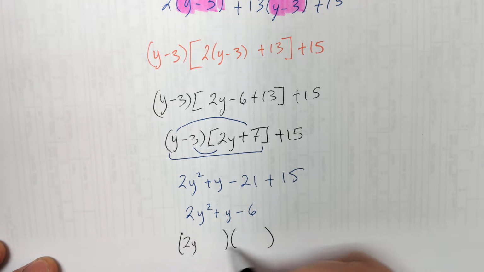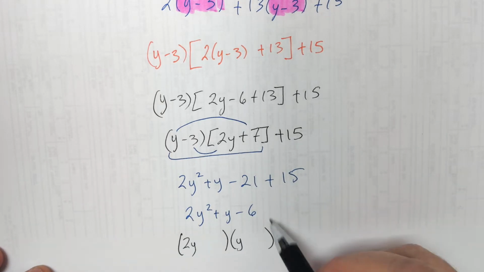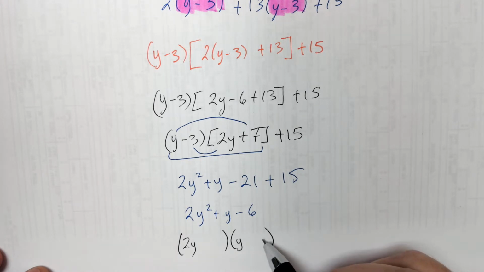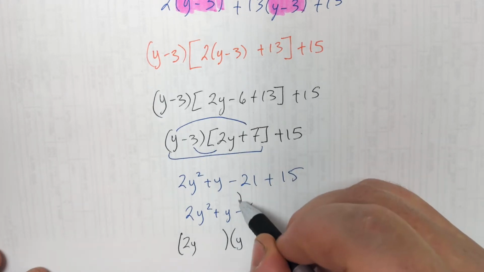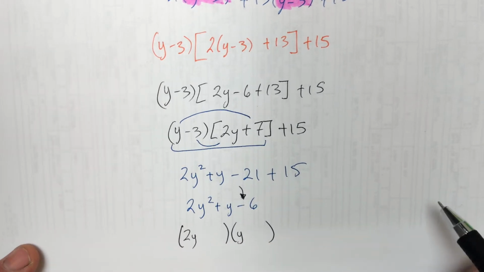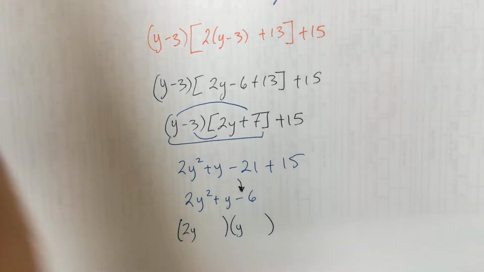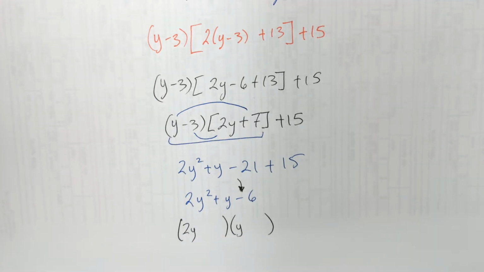Let's see, 2y and y, and then this is either going to be 6 and 1 or 3 and 2. But here's the thing I know: because this is negative, these two signs are going to be opposite. One's positive, one's negative. I'm going to guess and check.